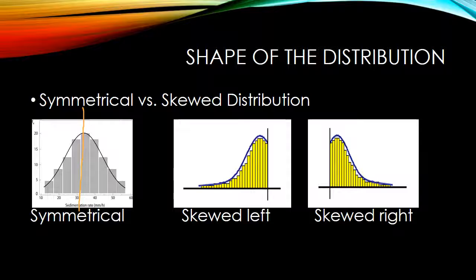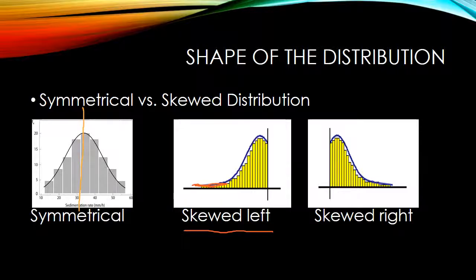If you look at the next graph, you'll see that it's skewed. Skewed means it's a little bit shifted, and in this case it's shifted to the left because the tail of this graph is at the left side of the distribution.